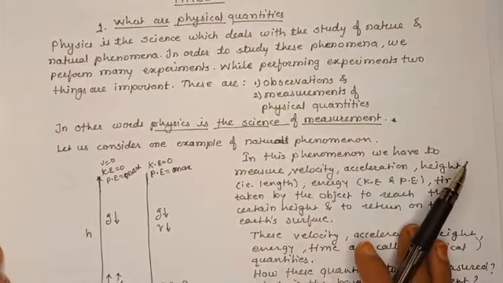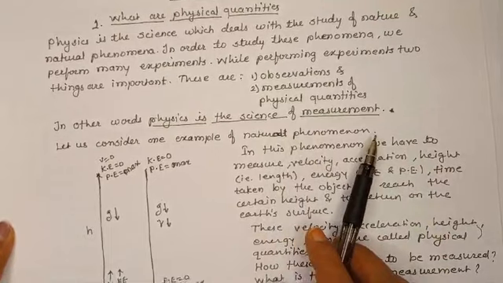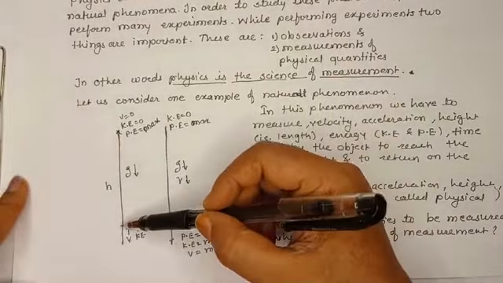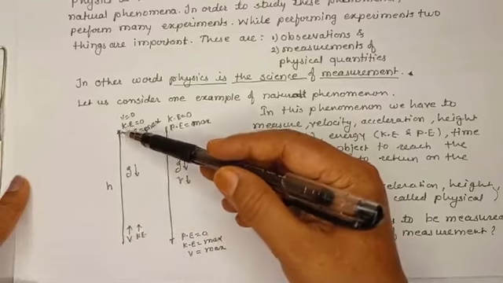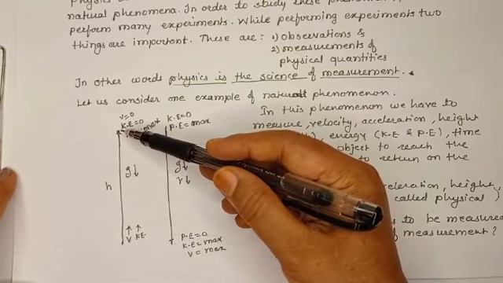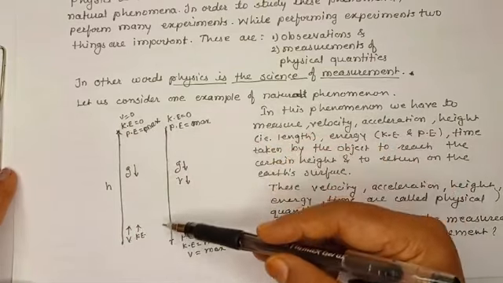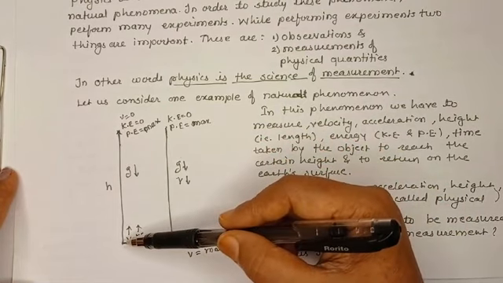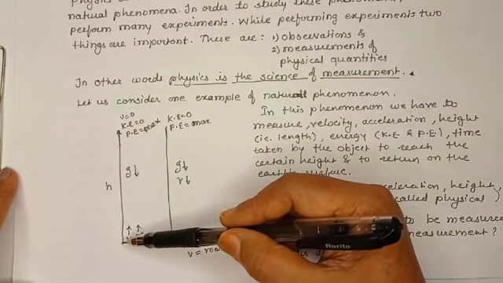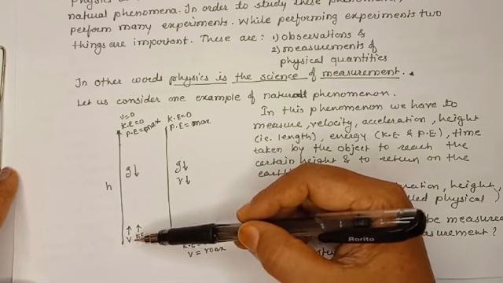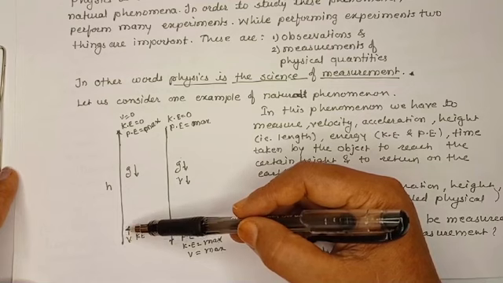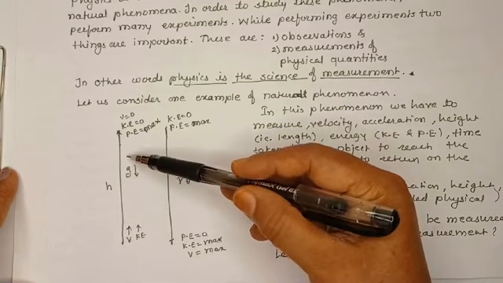Let us consider one example of natural phenomenon. When we throw any object in the upward direction, it reaches a certain height and then returns to the earth's surface. In this example, we give velocity to the object on the earth's surface, that is kinetic energy. Due to this kinetic energy, it moves in the upward direction.